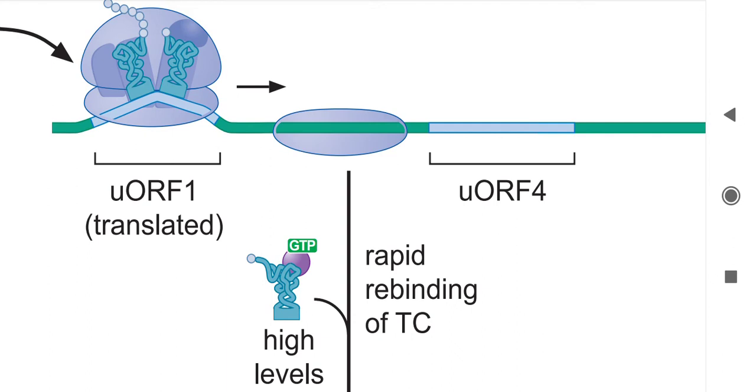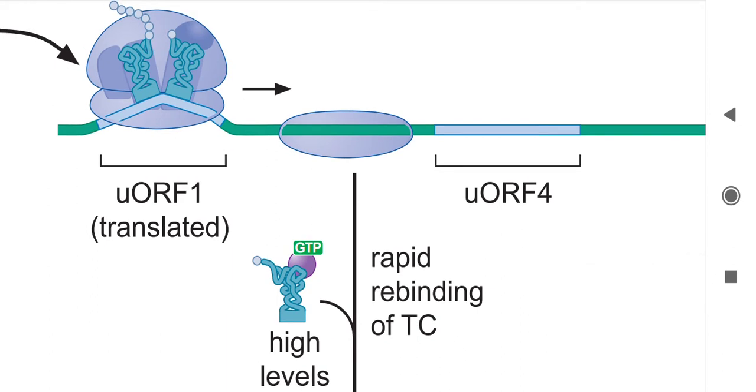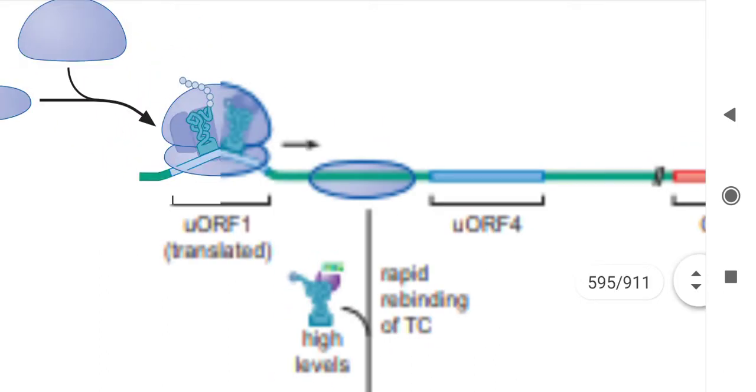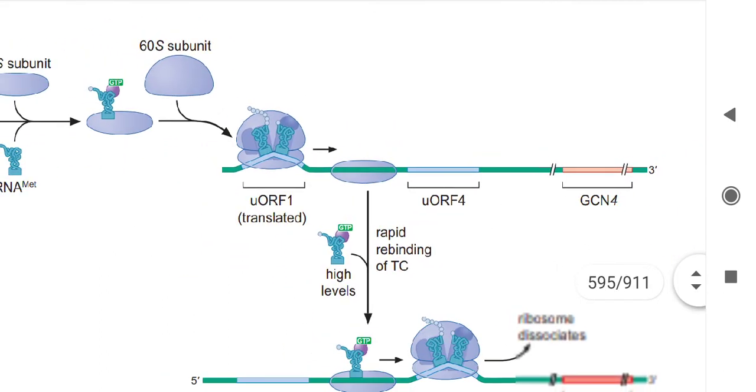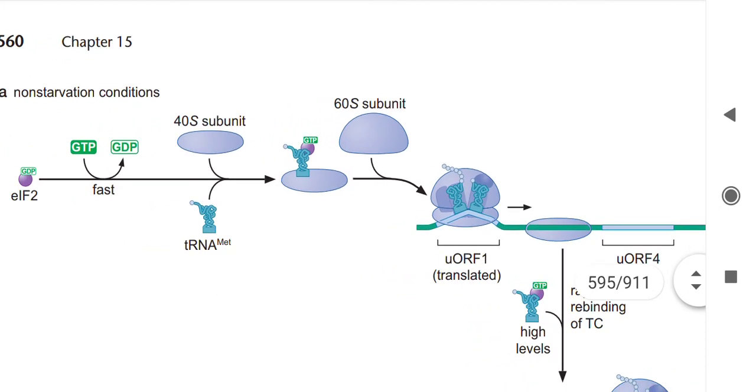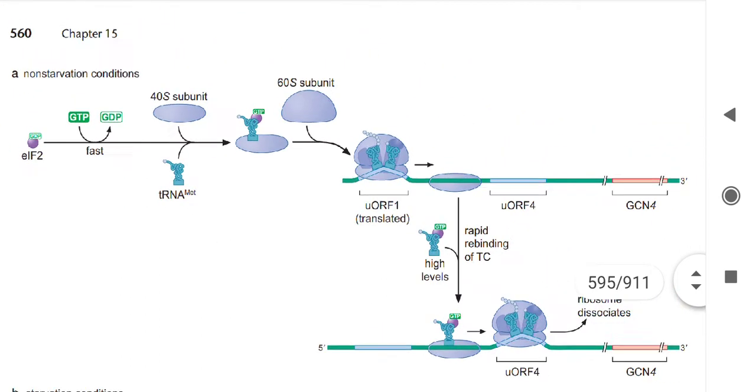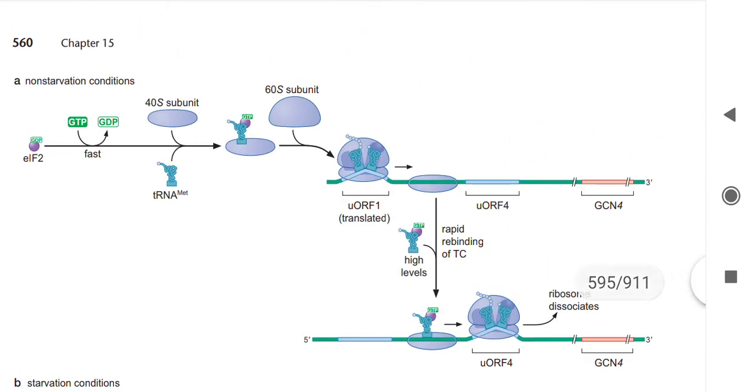Here it shows UORF1 up to UORF4. UORF2 and 3 have not been shown. That means there are 4 upstream open reading frames here. So let us talk about this in detail, what they are about. Then I will zoom into it and focus on it.